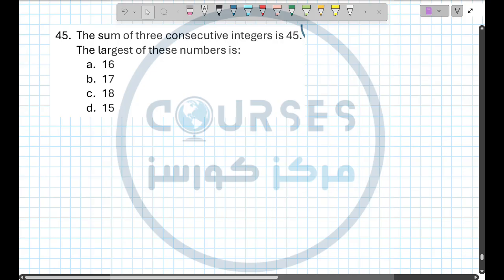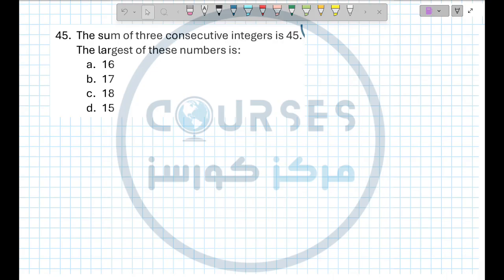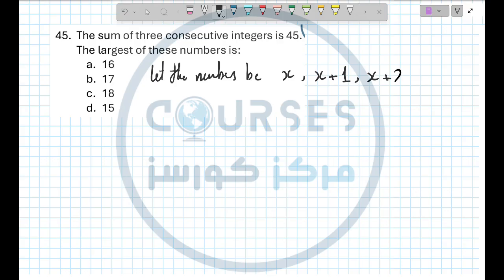The sum of 3 consecutive integers is 45. The largest of these numbers is? When he gives you such a problem, you need to assume your numbers. So let the numbers be x, and then the following one would be x plus 1, and the one after would be x plus 2.